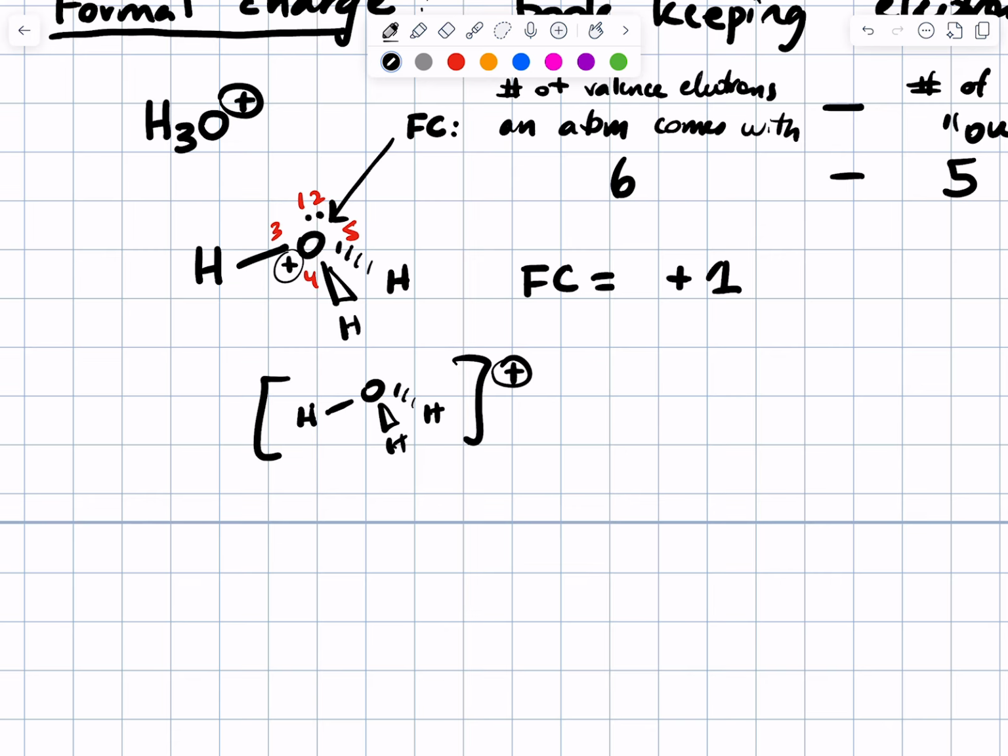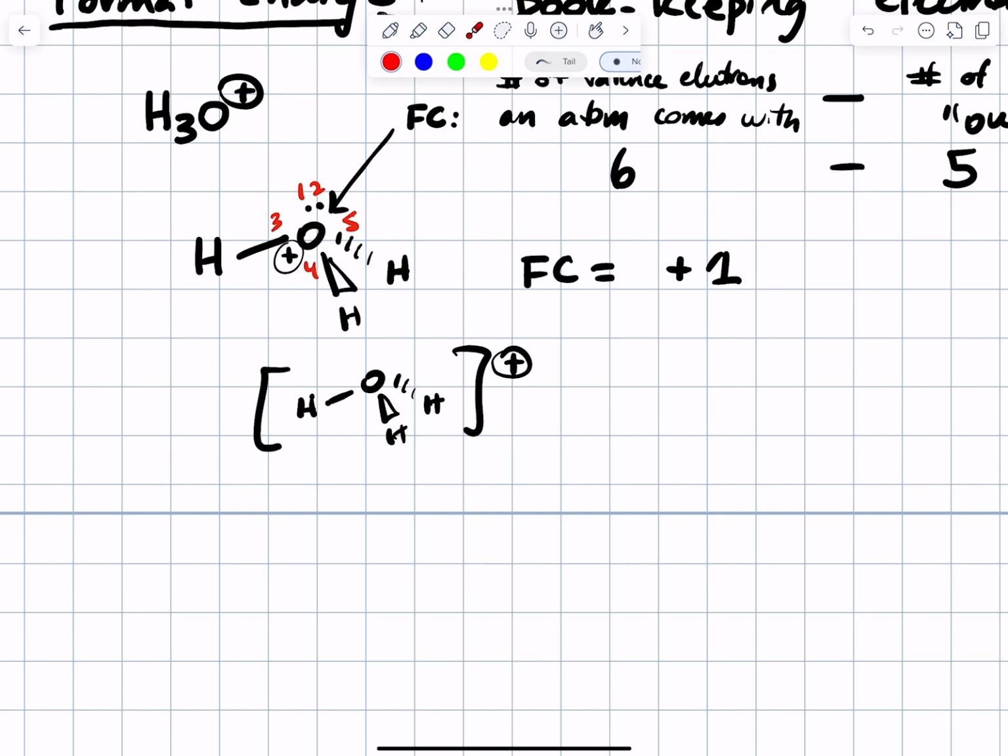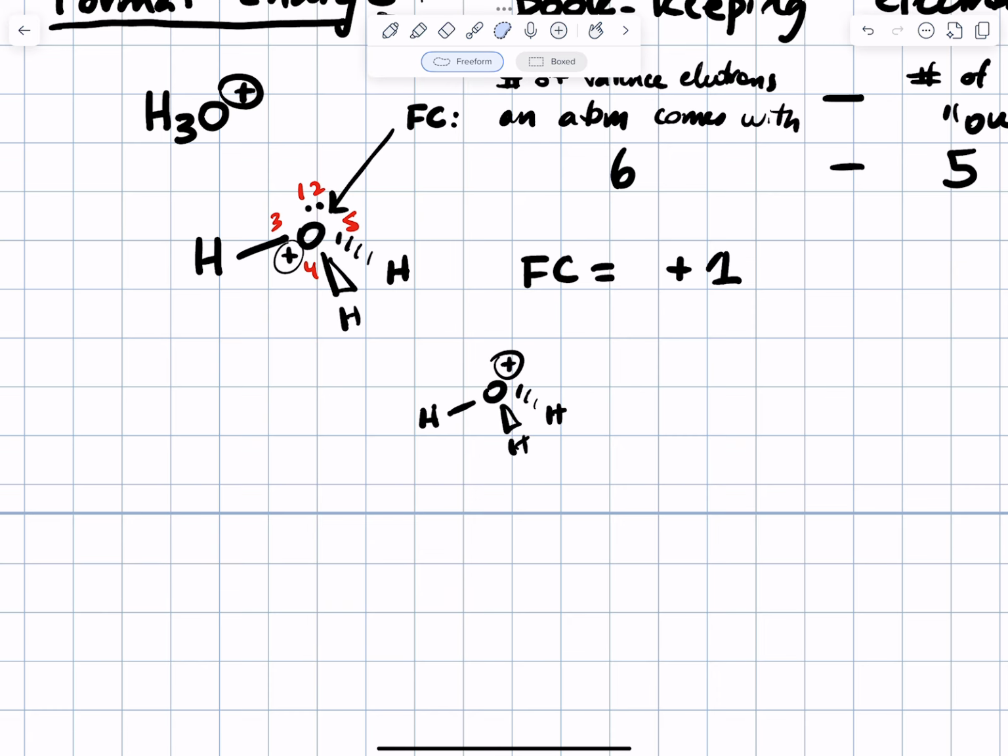You're going to have to use principles of electronegativity to help you out. For example, in this specific case with hydronium, the formal charge tells me that the oxygen has a plus formal charge. By the way, what's the formal charge on hydrogen? Just do the math. Hydrogen comes with 1 electron. It currently owns how many? Just 1, so 0, right? So if you were to try to interpret formal charge as anything other than bookkeeping, you might be led to an incorrect conclusion.